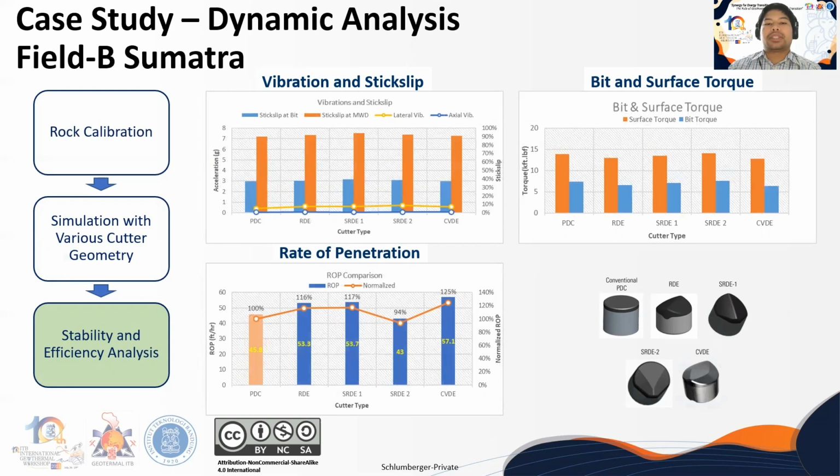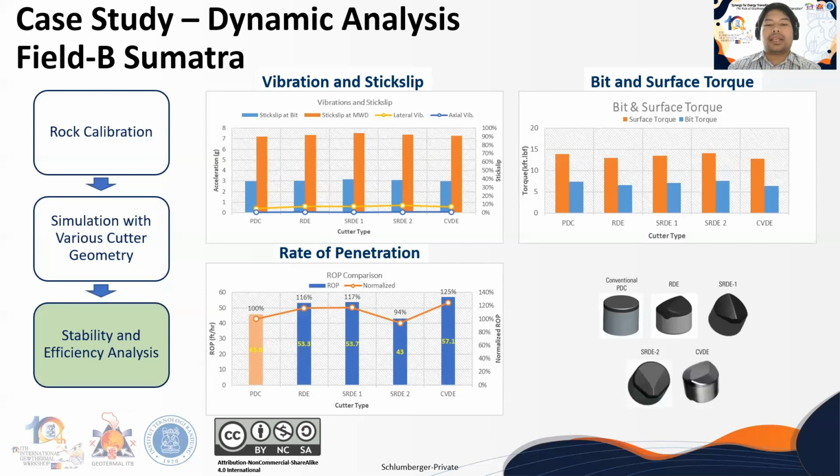A similar optimization process was conducted for field B, simulating additional 4 3D cutters under the same environment with the conventional PDC cutter with calibrated profile and friction factor. Looking at the shock and vibrations, the cutters generate low axial and lateral vibration with magnitude below 1G. On the other hand, all the cutters generate high stick slip at the BHA, around 90%, and around 40% at the bit.